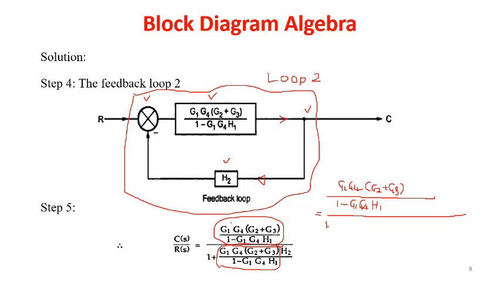So hence we get 1 minus G1 G4 and H1. This work you can do at a rough work also next to it.